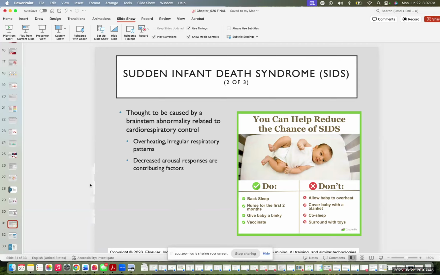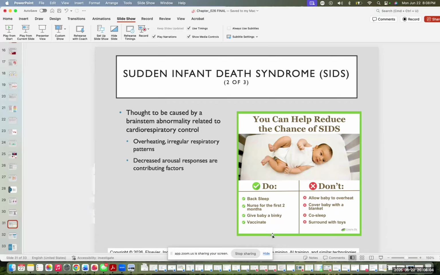So: back to sleep, breastfeeding for the first 2 months, and vaccinate. Don't overheat the baby. Don't cover the baby with a blanket, co-sleep, which could lead to suffocation, or surround them with toys.